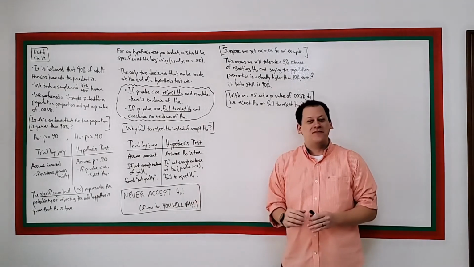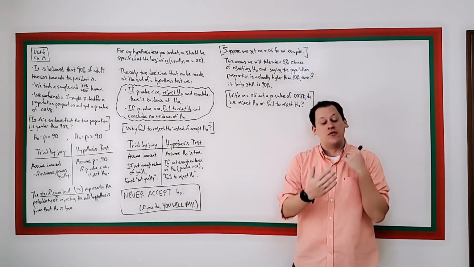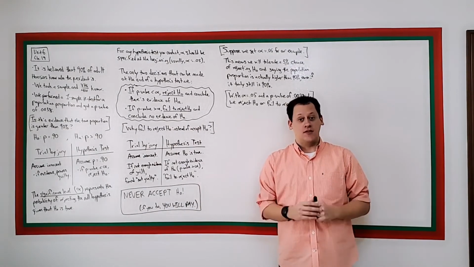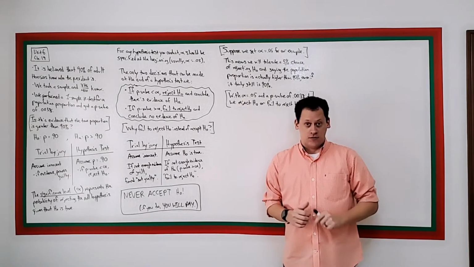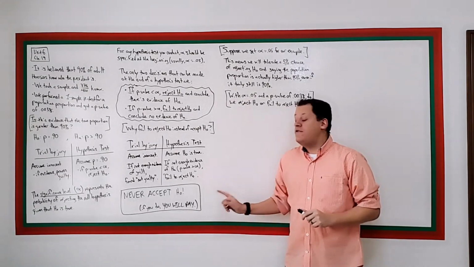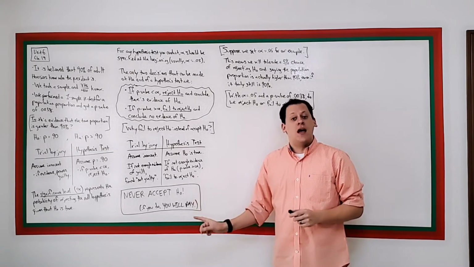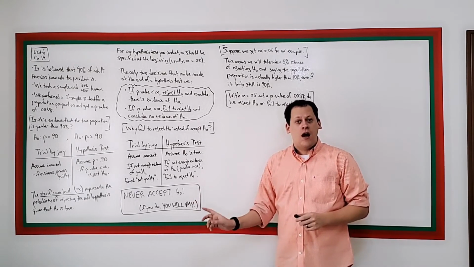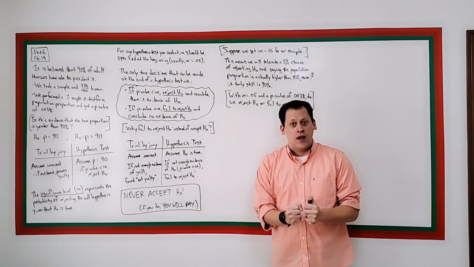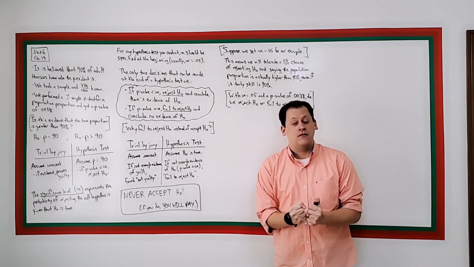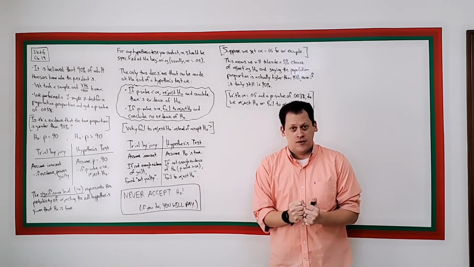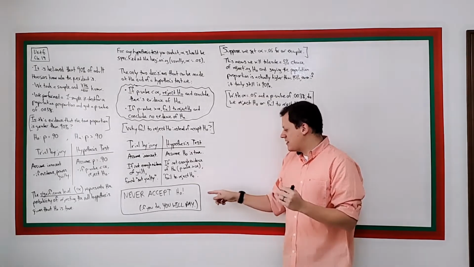So just don't do it. You either reject the null hypothesis or you fail to reject the null hypothesis. If you ever say that you accept the null, I will find you and you will pay. Don't do it.